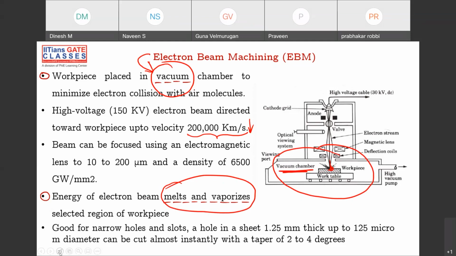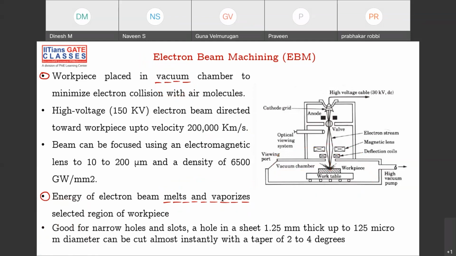There it is laser beam, here it is electron beam. Laser is simple light with some mechanism, but the electron beam can be disturbed by other electrons in the ambience, and you don't want that to happen. So you do all this in a vacuum environment, or in a vacuum chamber.